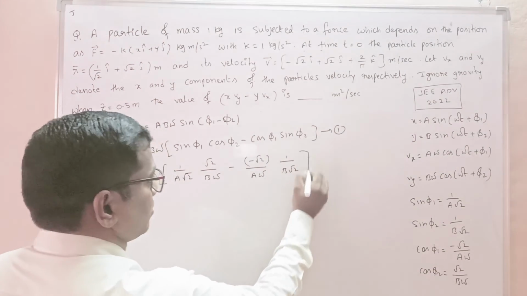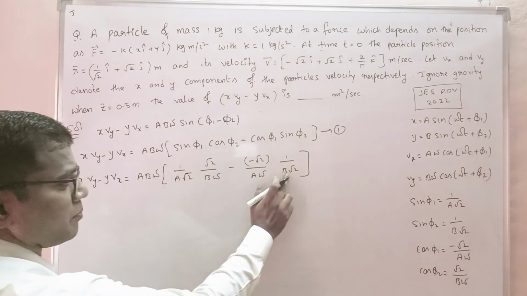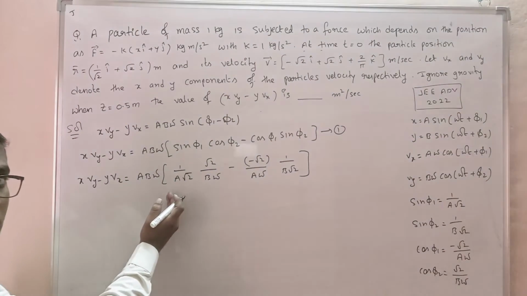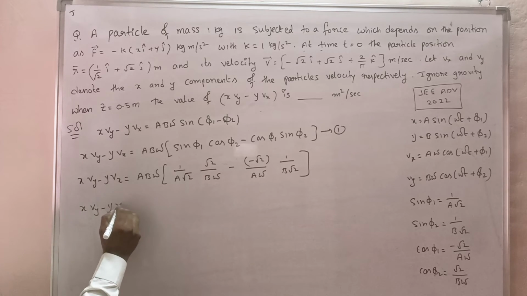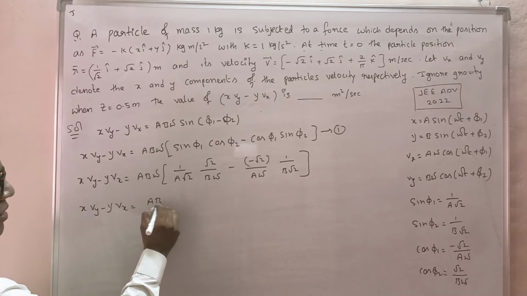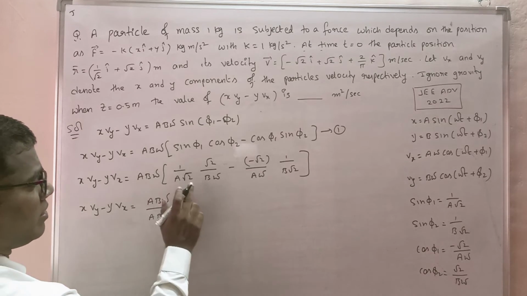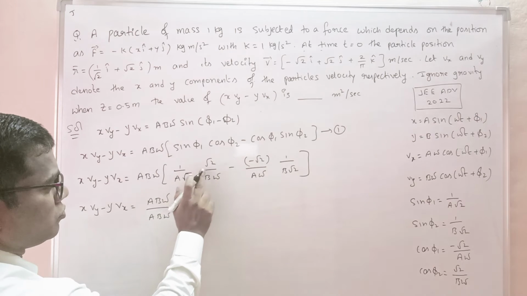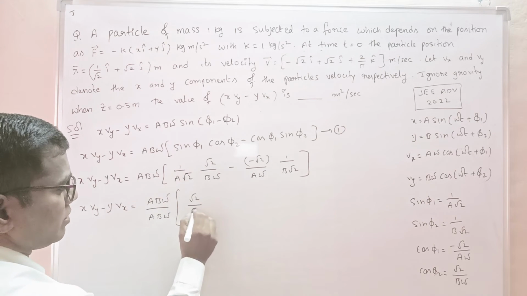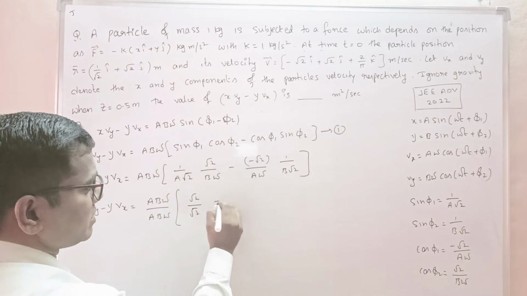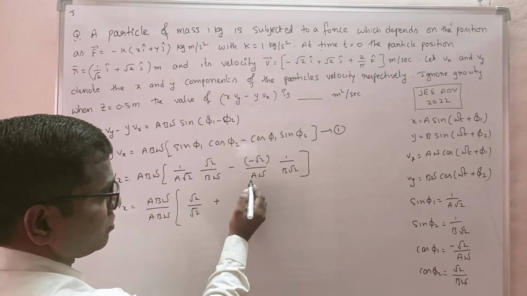So here ab omega is common, I will take it out. Here root 2 by root 2, minus into minus is plus.